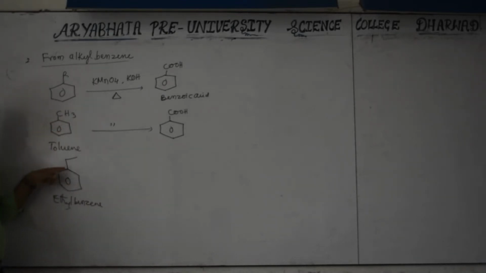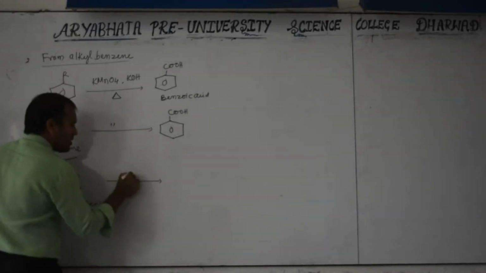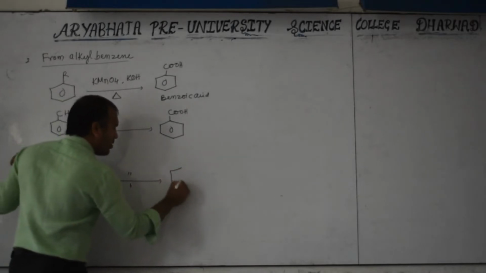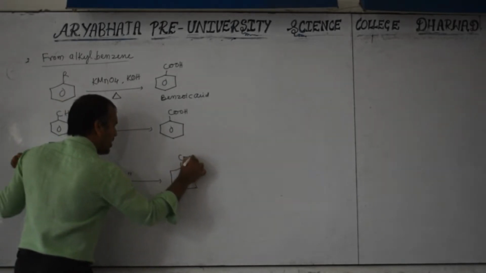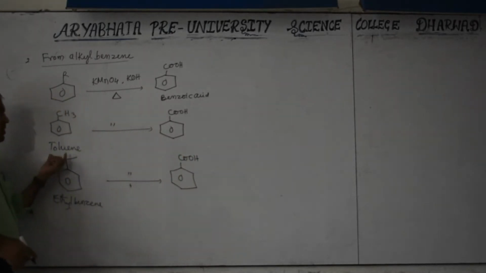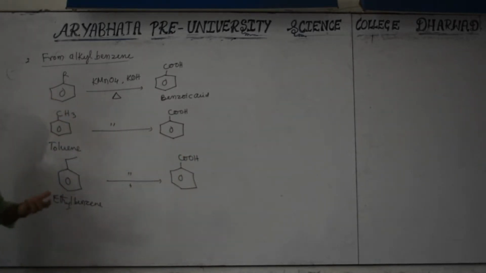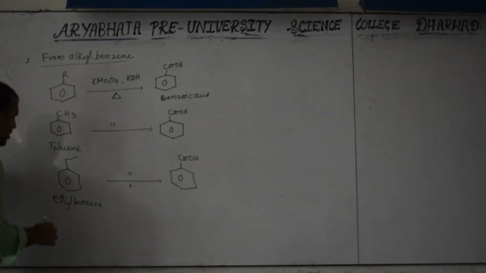Next to the benzene in ethyl benzene, there is one carbon, CH2, so 2 hydrogens are there. Then this also reacts with the same reagent and converts into benzoic acid, irrespective of its chain length. Here 2 carbons, there 1 carbon. If you take 4, 5, 6, 7 carbons also, it converts into benzoic acid only.